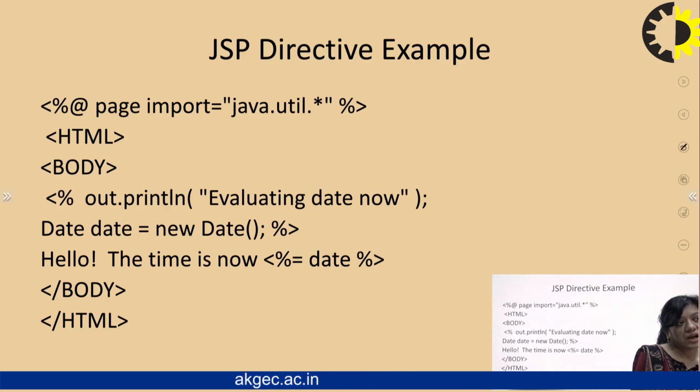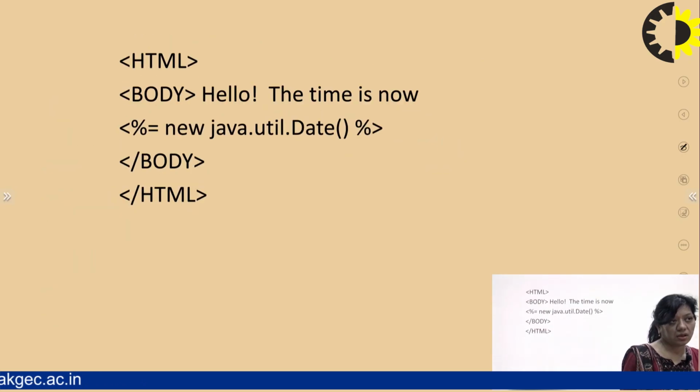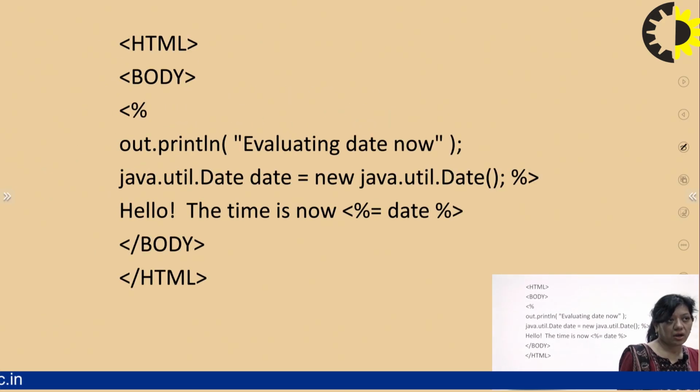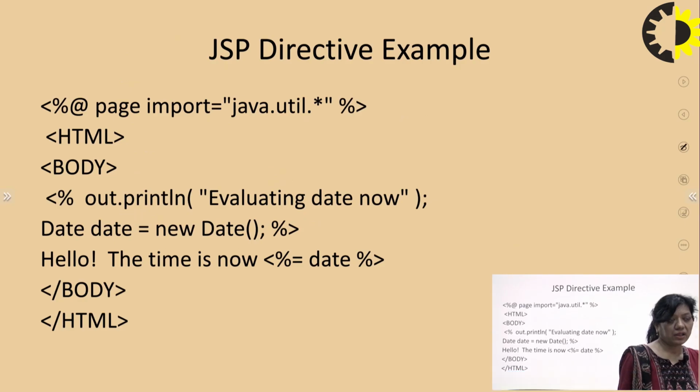Now JSP directive example. Here I want to print, and we can use these two with the help of the JSP tag. Through the tag and through the directive method we can print this. So suppose I want to print, firstly we have to print the page, and the page of my file is, suppose I have written java.util, and I want to print the current date, today's date.